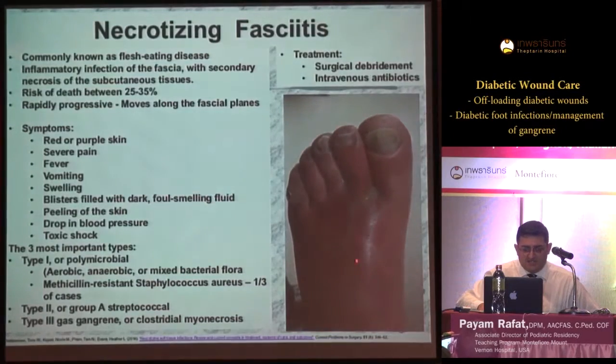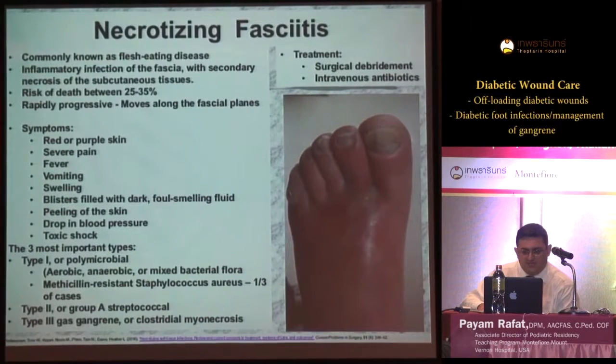Necrotizing fasciitis is an inflammatory infection of the fascia with secondary necrosis of the subcutaneous tissues. It's a rapidly progressive, very aggressive kind of infection that can travel along the fascial planes.